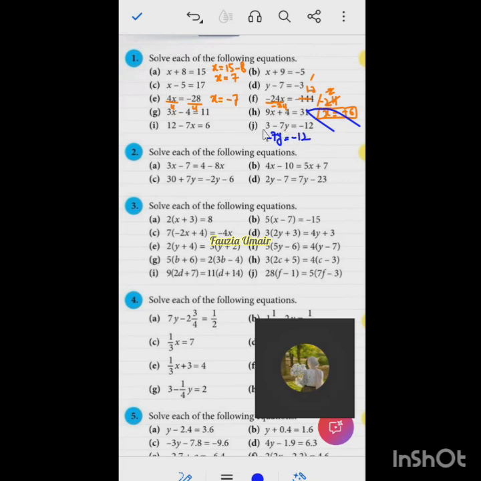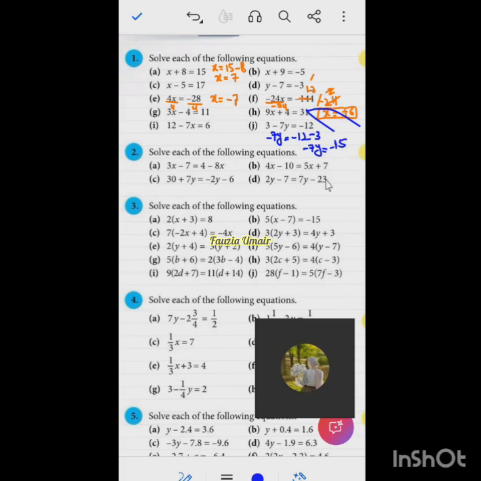Now this plus 3, when it goes on the other side, will be minus 3. So what is minus 12 minus 3? They are like terms, they are friends, so the numbers will be added. Minus 12 minus 3 is minus 15.